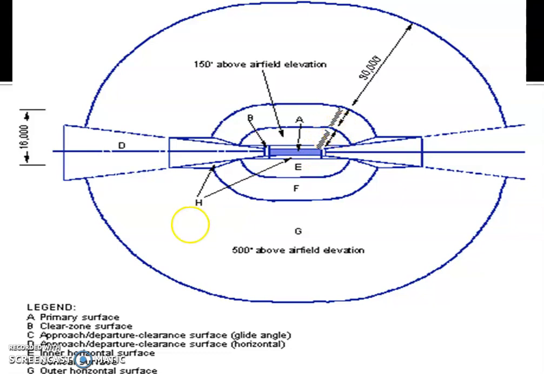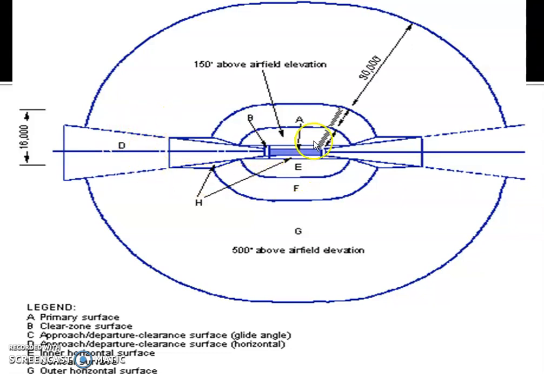C and D are the clearance surface. After the clear zone surface, these trapezoidal surfaces on either side are the clearance surface in the horizontal and also in the angular direction.